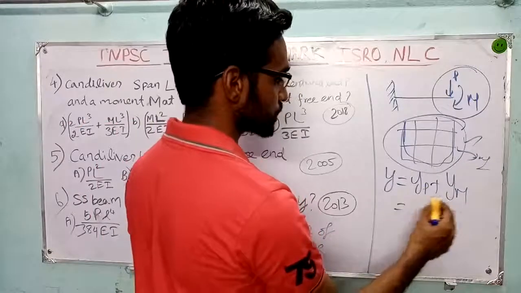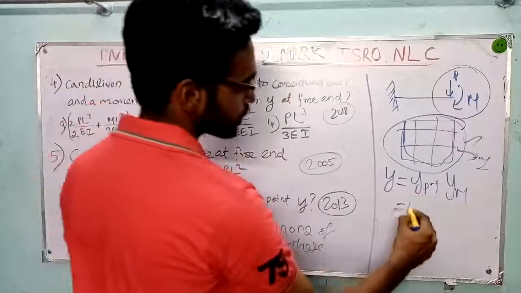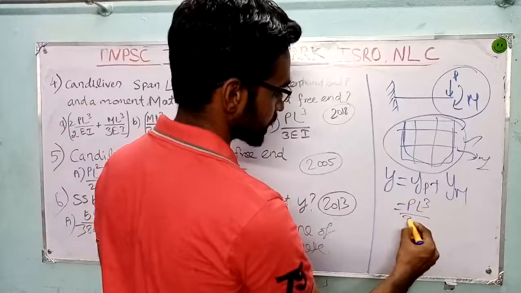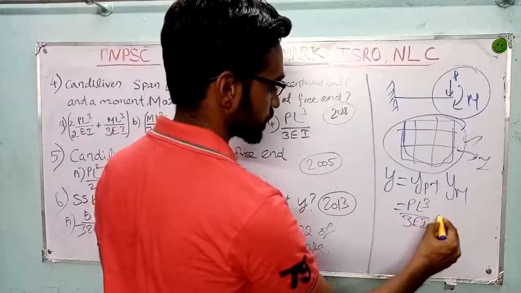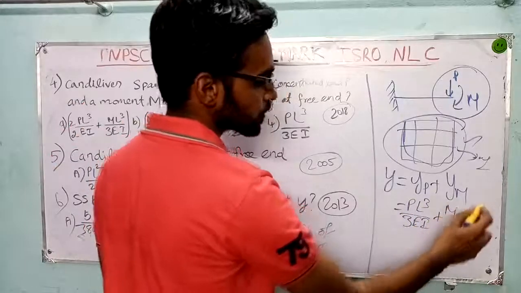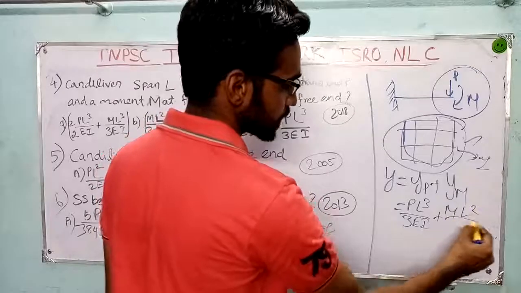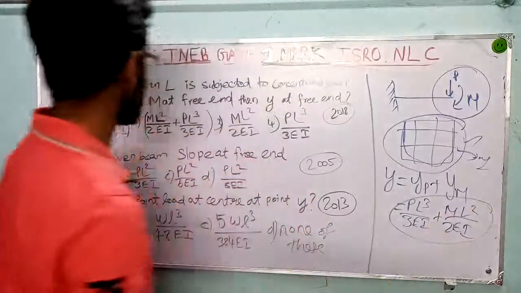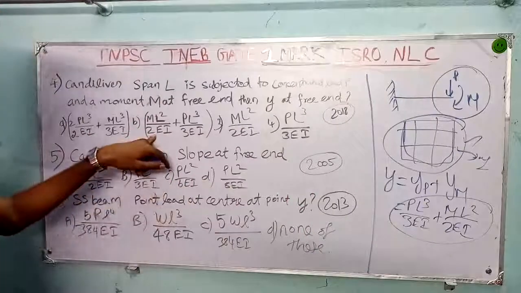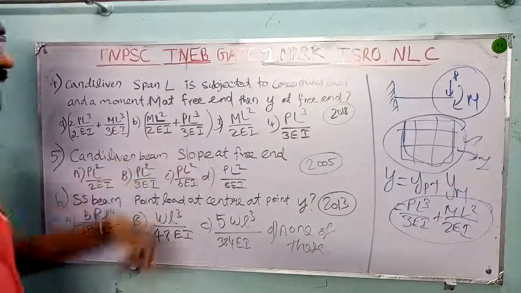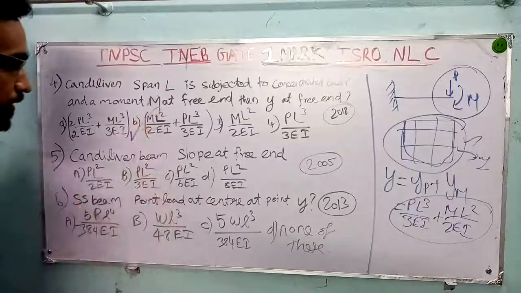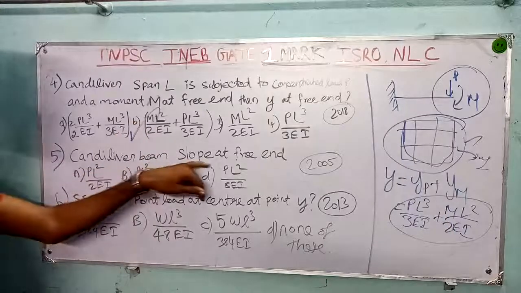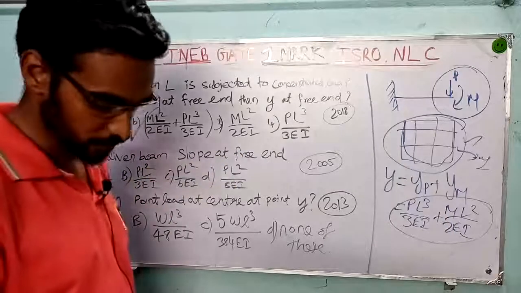Deflection due to point load is PL cube by 3EI, due to moment is ML square by 2EI. Then see which given option has ML square by 2EI plus PL cube by 3EI. That is the answer. Next question, cantilever beam, same as this question also.